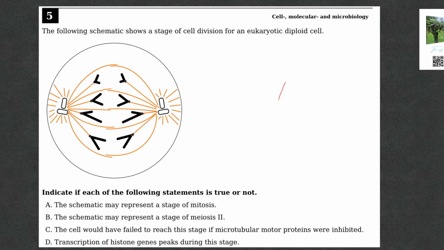The following schematic shows a stage of cell division for a eukaryotic diploid cell. Before I go ahead, I want you to just give a gist of the mitosis. So let's say there are 4 chromosomes, so 2n equals 4.